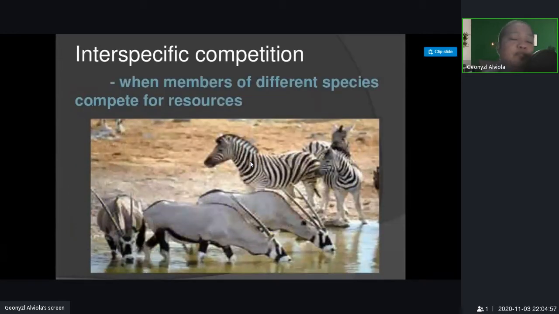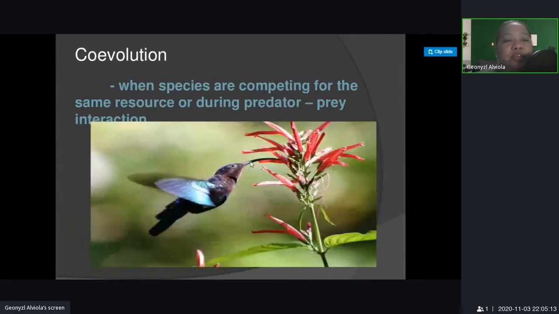In interspecific competition, members of different species compete for resources. In the diagram, for example, we have here the gazelle and the zebra competing for the water resource in a small pond. Coevolution is when species are competing for the same resource or during predator-prey interaction.